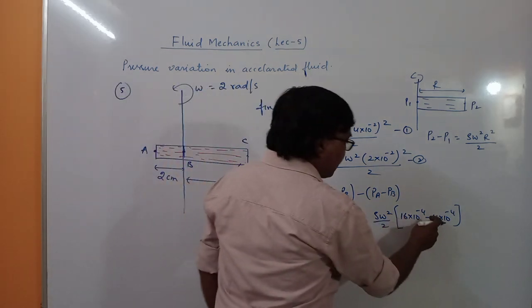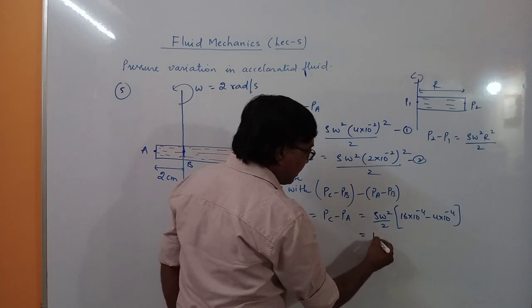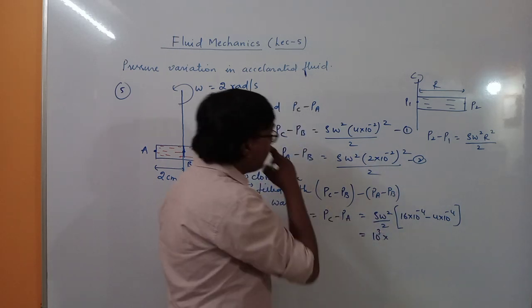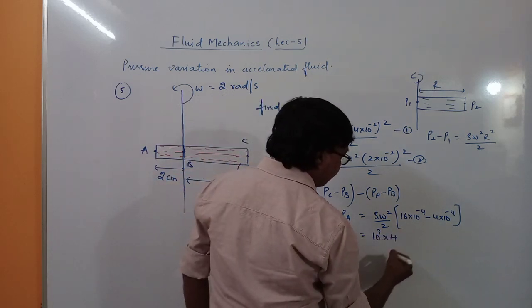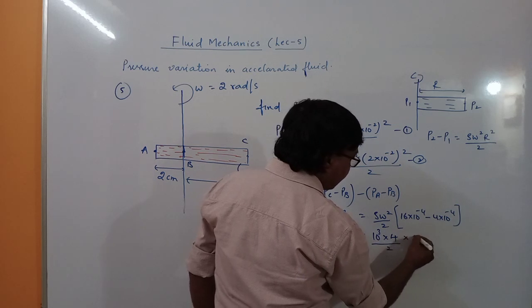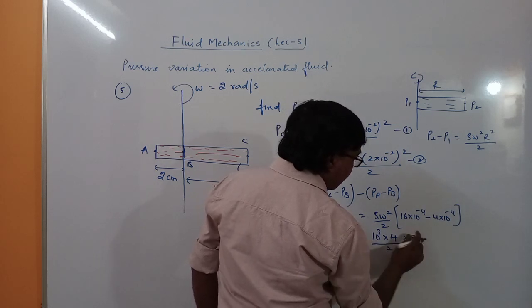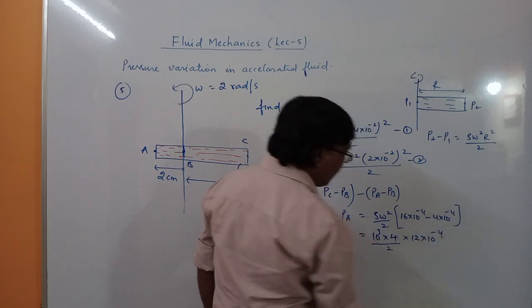The density is 10 raised to 3, omega is 2 radian per second, so this will be 4 by 2. Sorry, 16 minus 4 is 12. So 12 into 10 raised to minus 4.